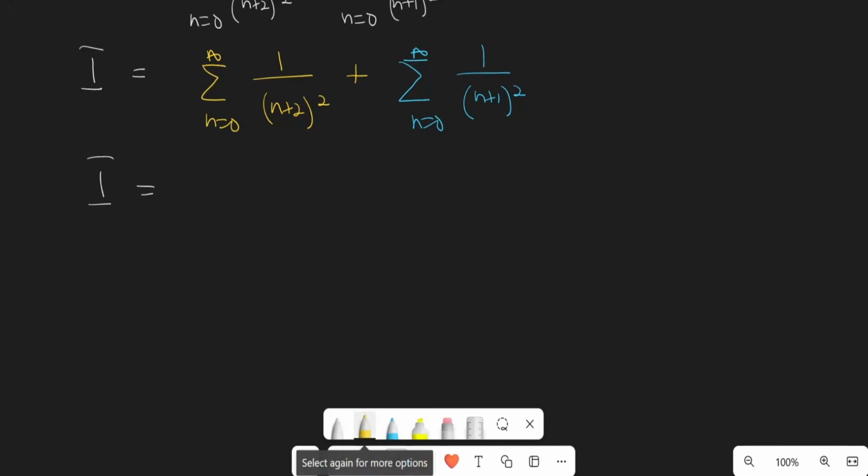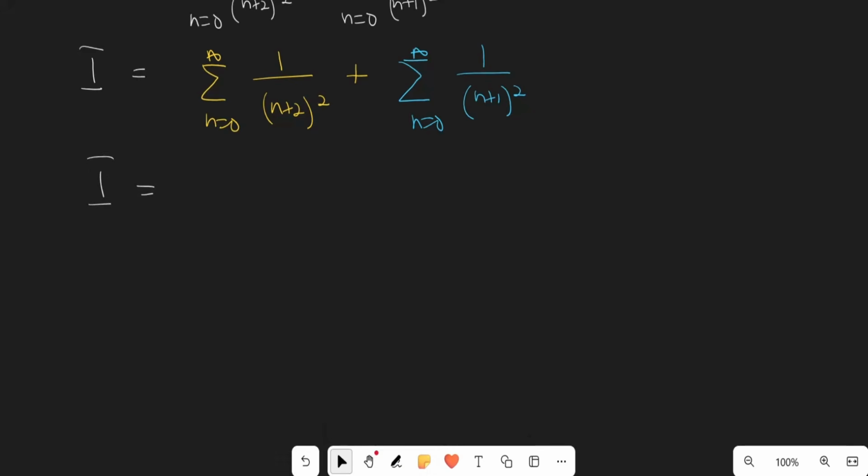So the first one in yellow pen, when we plug in 0, what are we getting? If you are summing from 0, the first one is going to be 1 all over 2 squared. The next one is going to be 1 all over 3 squared. The next one is going to be 1 all over 4 squared, and so on and so forth up to infinity, right?